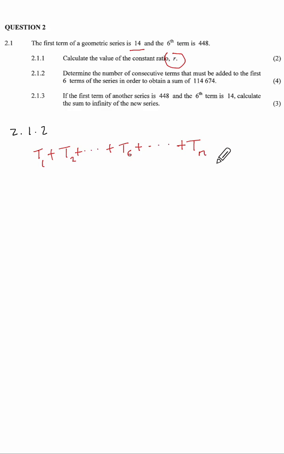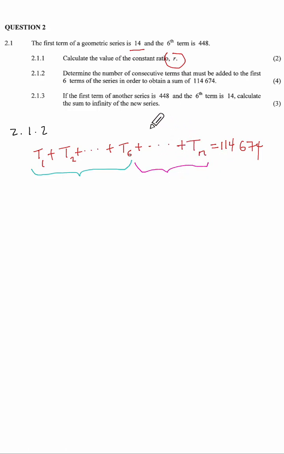We don't know what n is, but if you add all these terms, you would get a sum of 114,674. We want to see how many more terms we need to add to the first 6 terms, so from T7 until Tn.